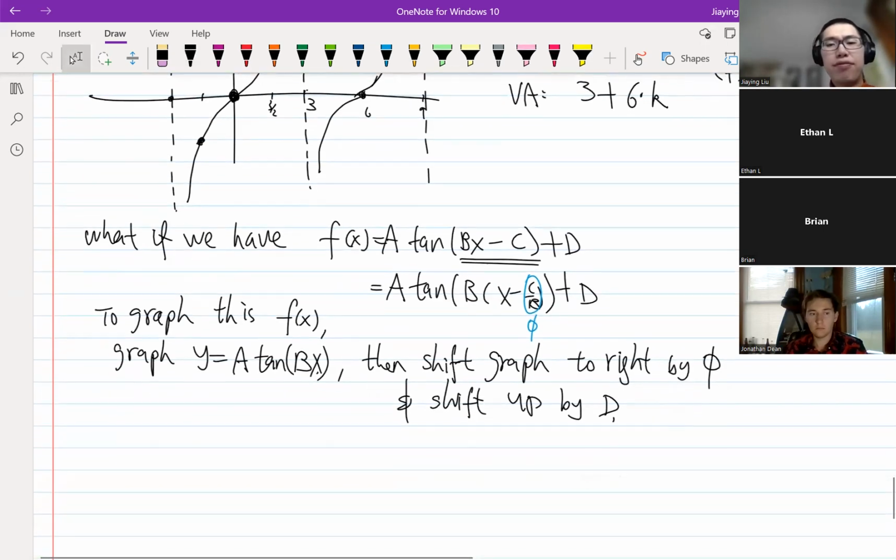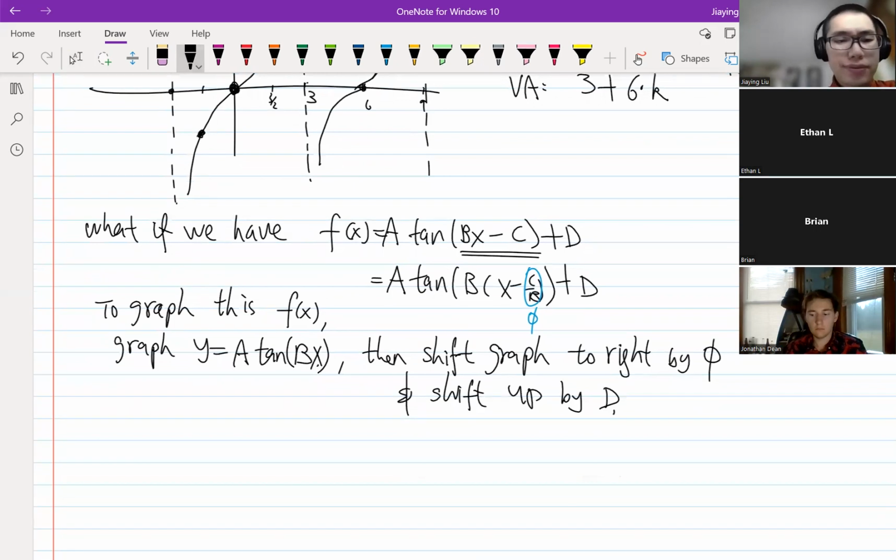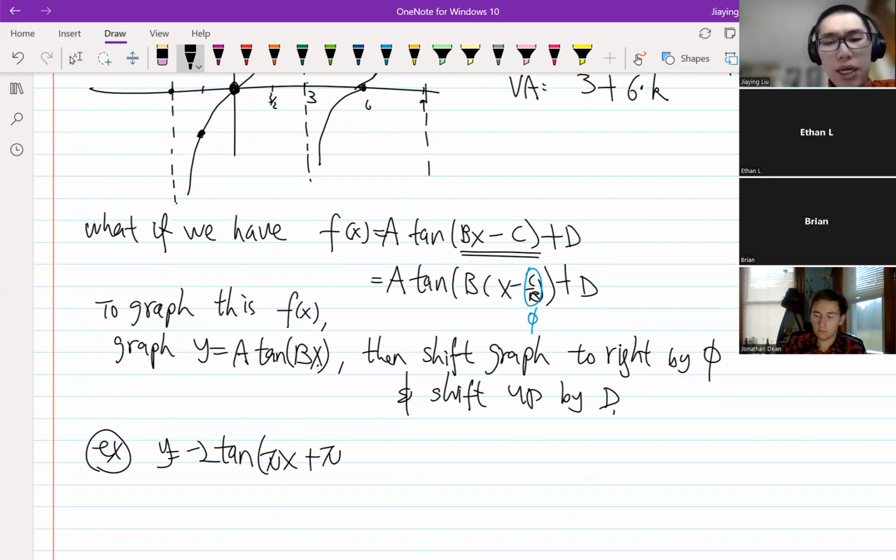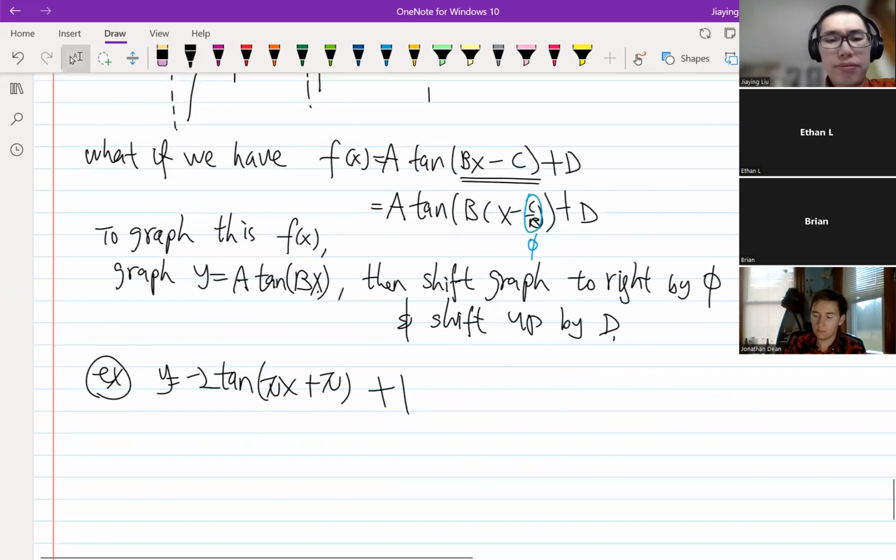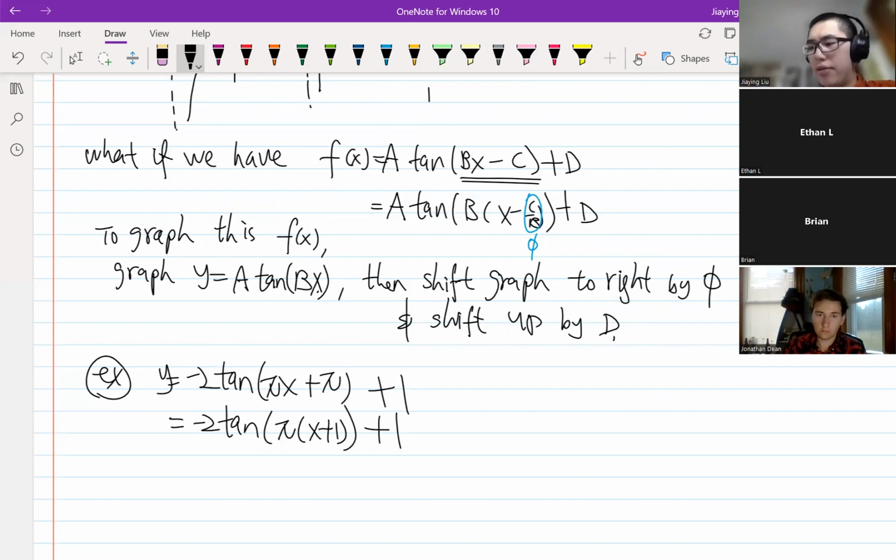So let's try to graph one function. Here's the example I have, which is y equals negative 2 tangent of pi x plus pi, plus 1. The first thing I'm going to do is rewrite by factoring, so that's negative 2 tangent of pi times x plus 1, plus a 1 outside.